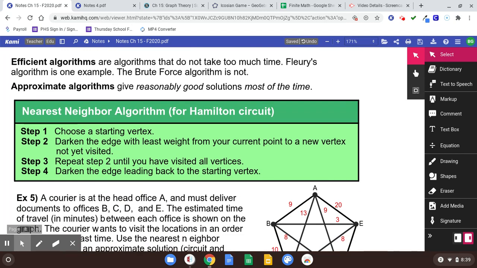Algorithms that do not take too much time. Fleury's algorithm is one. Brute force algorithm is not one. Approximate algorithms give reasonably good solutions most of the time. So an approximate algorithm, and that's what we're going to do next, will give you a pretty good answer, if not the absolute best answer.